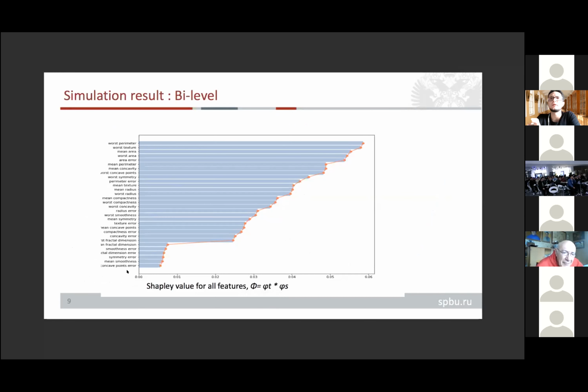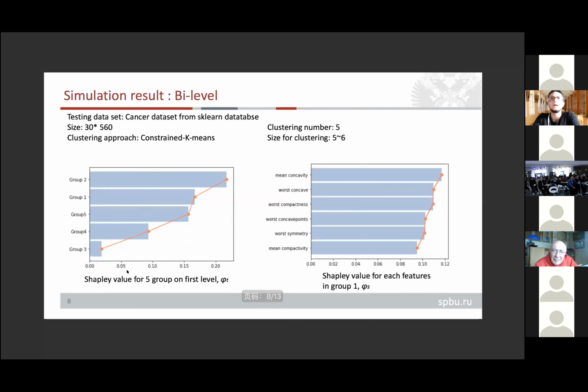Etienne, could you please go back to the previous slide? Yeah. Actually, I want you to understand. When we consider a cancer data set, you can see parameters such as mean concavity, worst concave points, worst compactness, worst concave points, and so on.